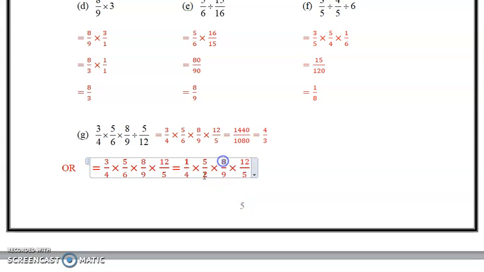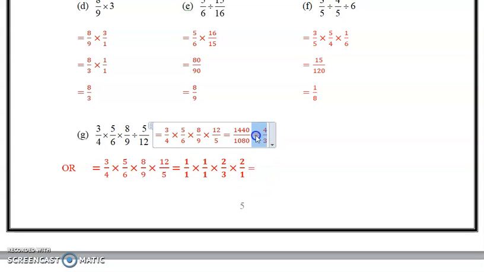And the 8 and the 4 can become 2 over 1. And the 5 divided by 5 can become 1 over 1. And then we can simplify even further. The 12 and the 2 can become 6 over 1. And you can simplify it that way, which is fine. And then even further, the 6 and the 9 becomes 2 over 3. So you can simplify, which is pretty neat.